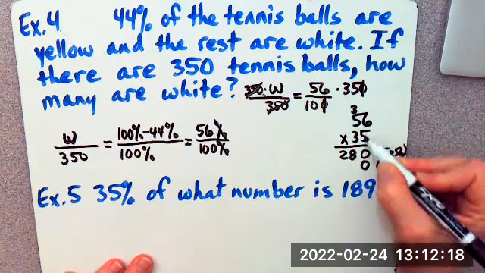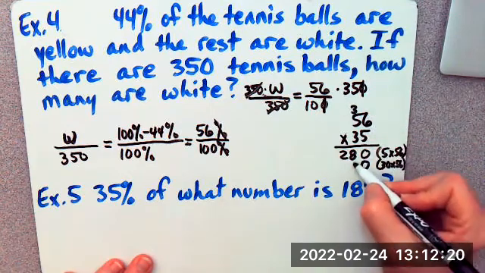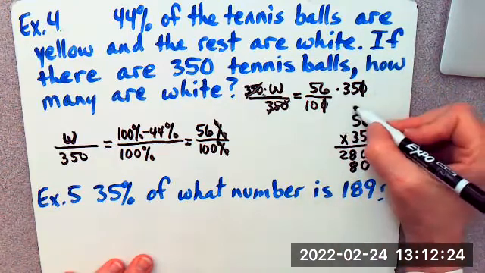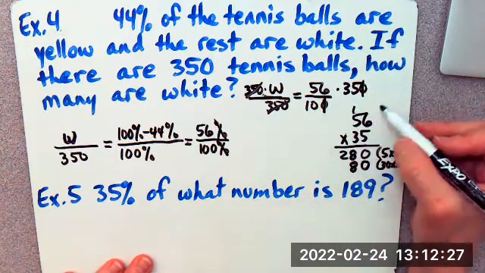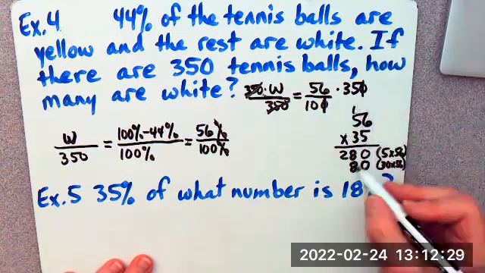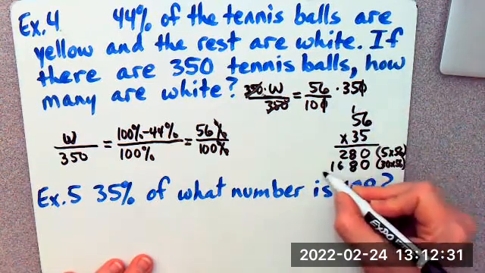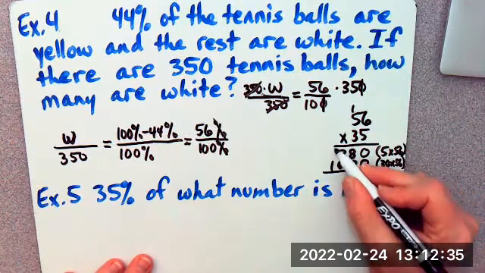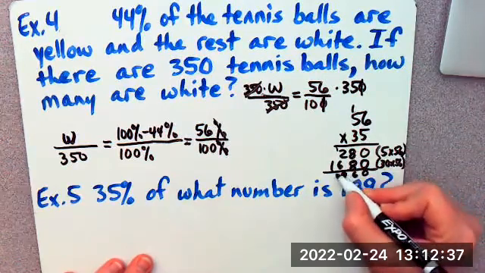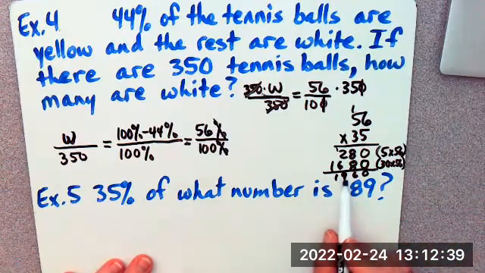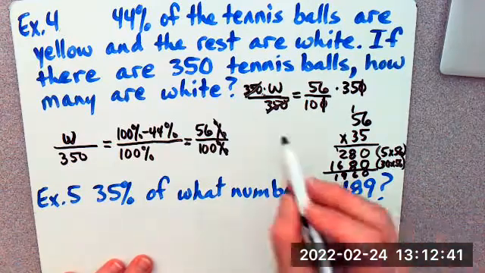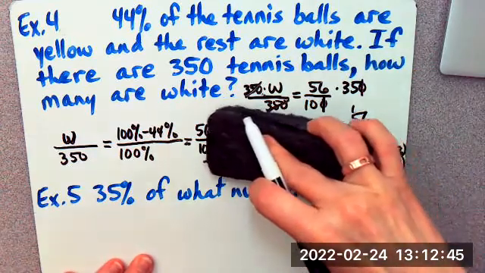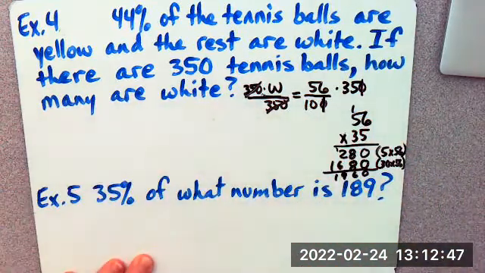So I have a 0 here. 3 times 6 is 18. And 3 times 5 is 15 plus 1 is 16. So I have 0, that's 16, 9, 1. So that's 1960.